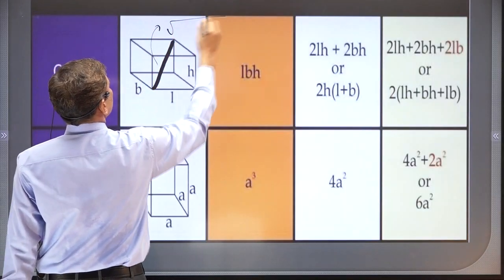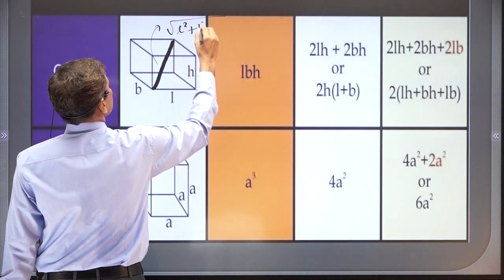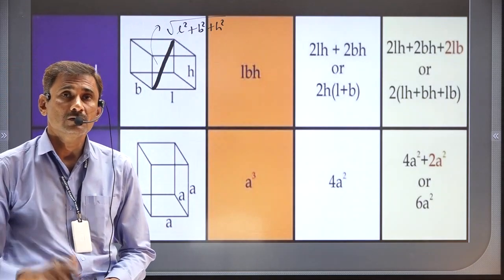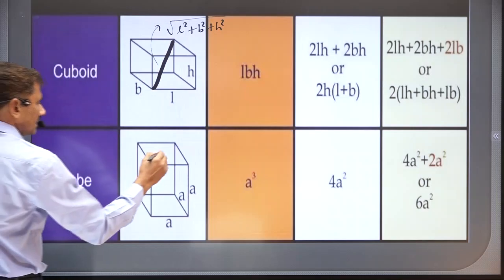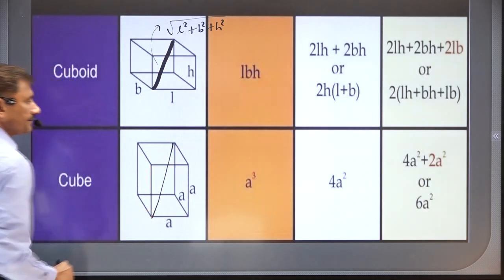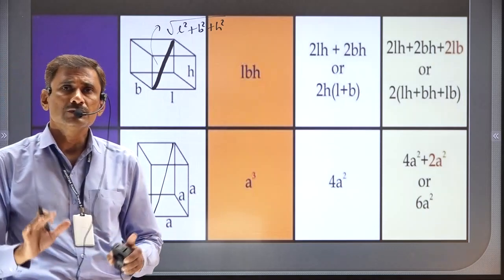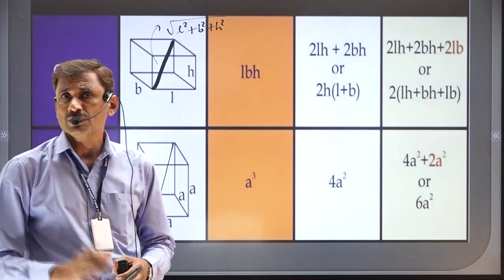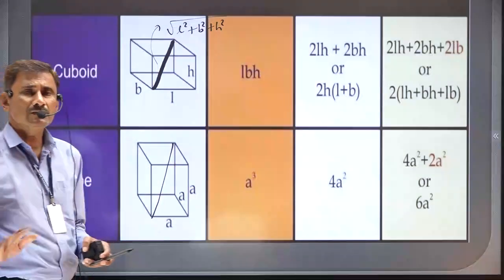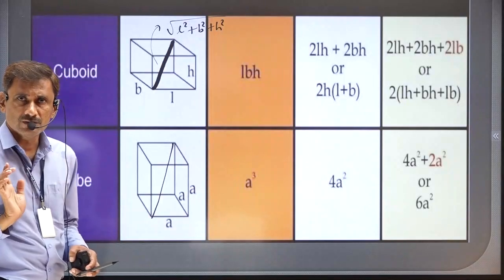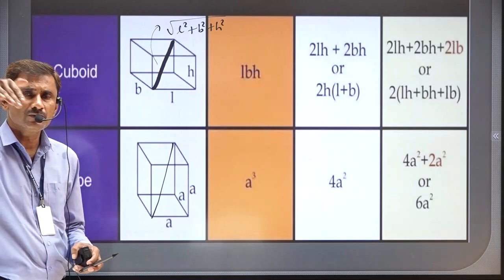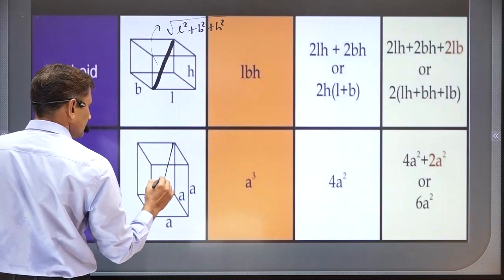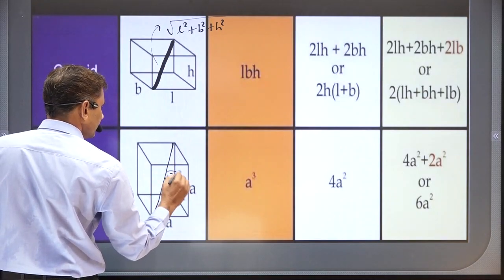It is under root L square plus B square plus H square. This is the longest diagonal, meaning the diagonal of the cuboid, not the diagonal of any surface. And here also, suppose in your room you want to keep a longest rod, then what is the maximum size of rod you can keep in your room? Obviously you can put it from any one corner to the opposite corner, and it will pass through the center of your room. So here it will be root of a square plus a square plus a square, so root 3a.